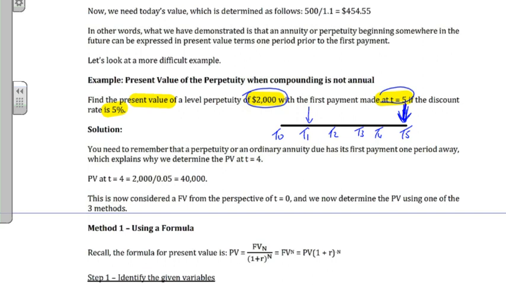Well, not in time period 5, because that's when I received my first payment. So when did I in fact pay for this annuity? I paid for it here, over there, and then I received the first payment in time period 5, because it says I received the first payment in time period 5.